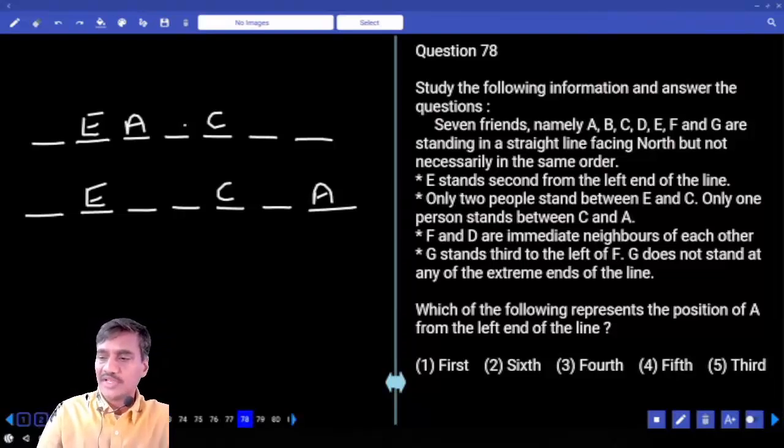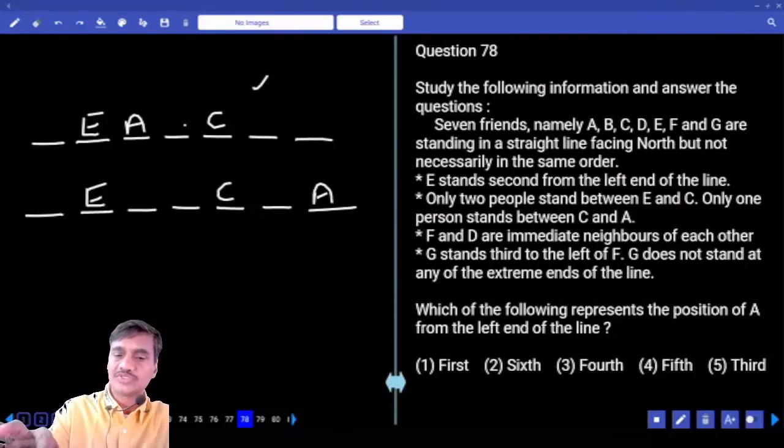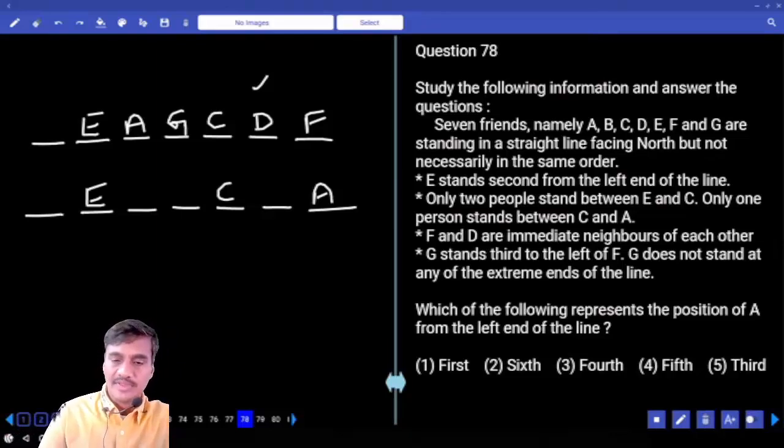And the next one, F and A are immediate neighbors of each other. G stands south to the left of F. If F is here, G standing to the left of F is not possible. F is here, D is here, and G stands to the left of F. Now F and A are adjacent to each other.